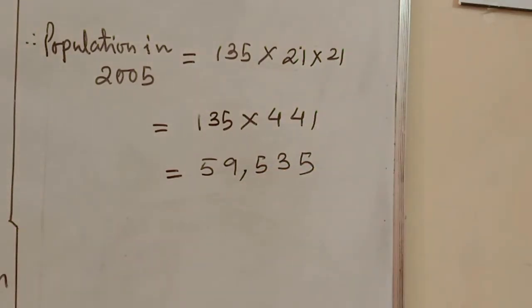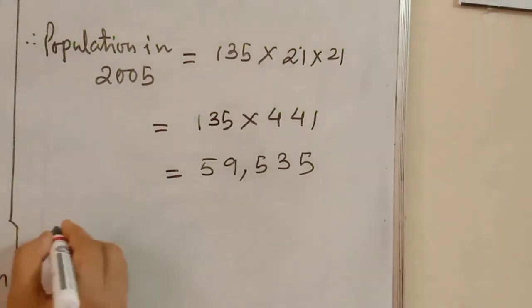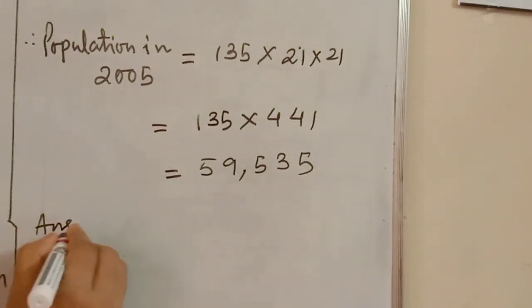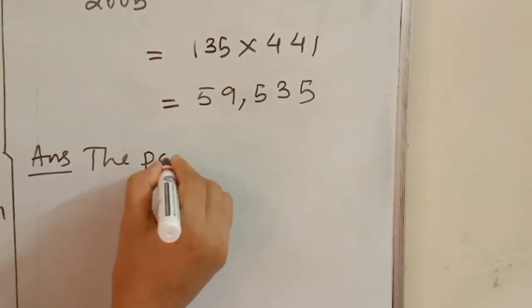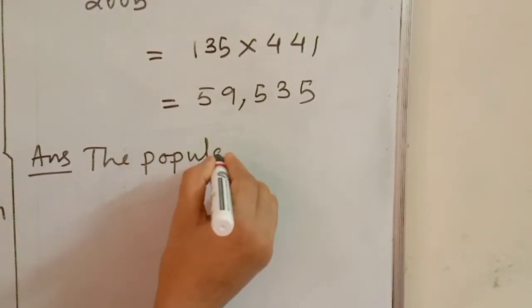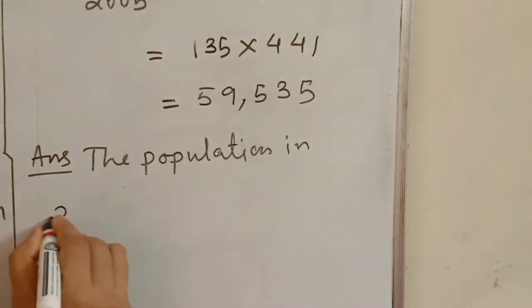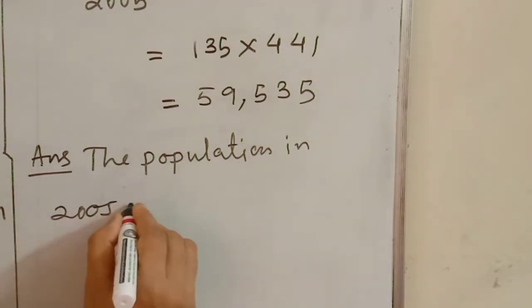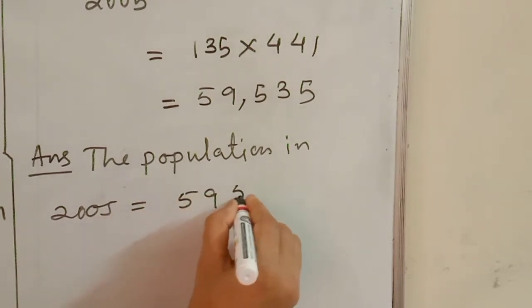So the answer to what would be the population in 2005: the population in 2005 would be 59,535.